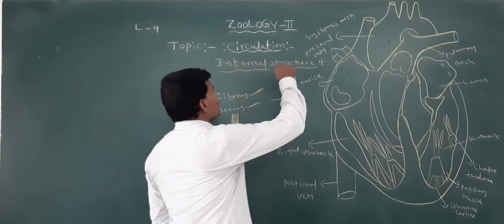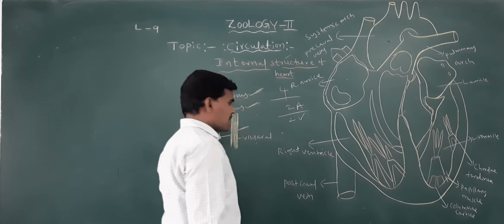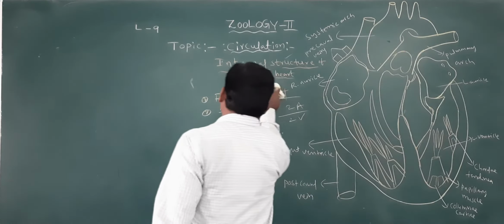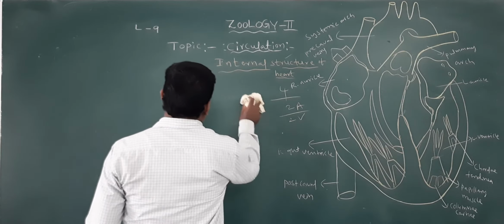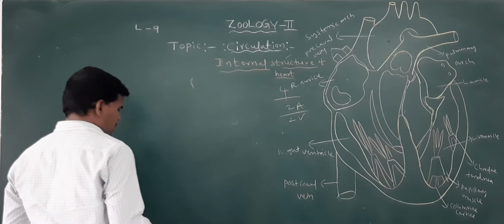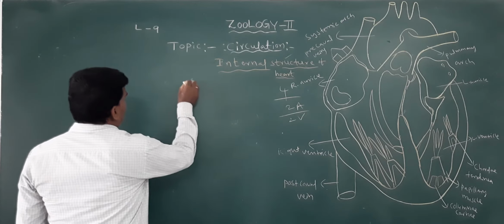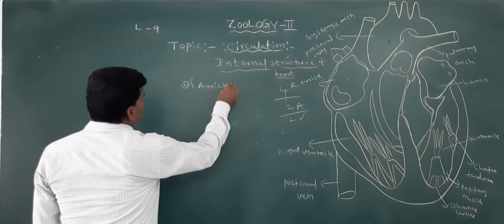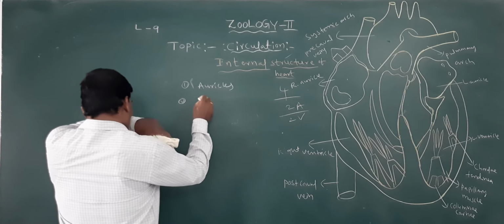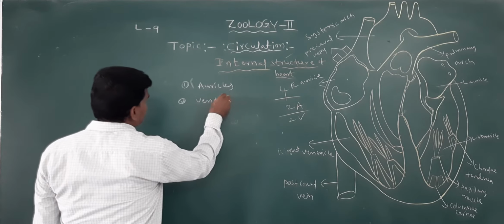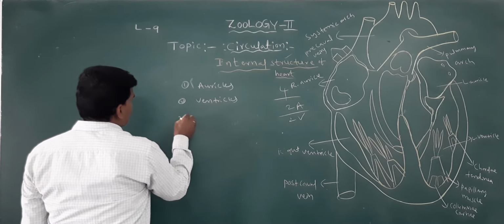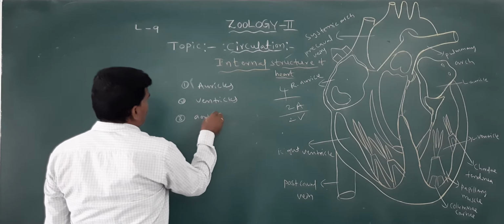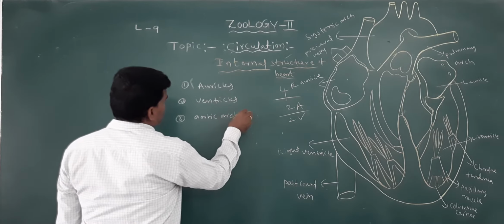Next, let us see the internal structure of the heart. How many parts does the internal structure of the heart have? It has three parts. The first is the auricles, the second is the ventricles, and the third is the aortic arches.